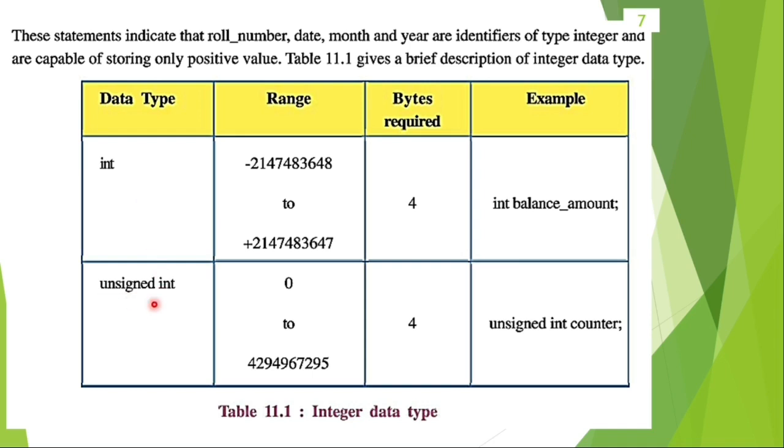Next is unsigned int. Unsigned int is always positive, so it will go from 0 to this total amount. This also carries 4 bytes. And an unsigned integer is used for a counter. A counter is always positive, like 1, 2, 3, 4. This is all about the integer data type, right?